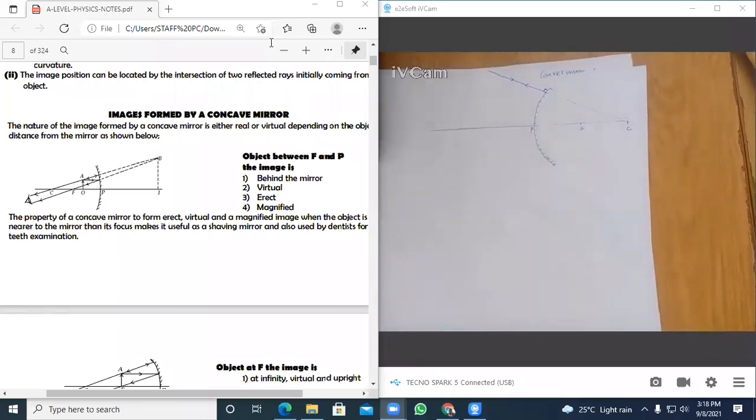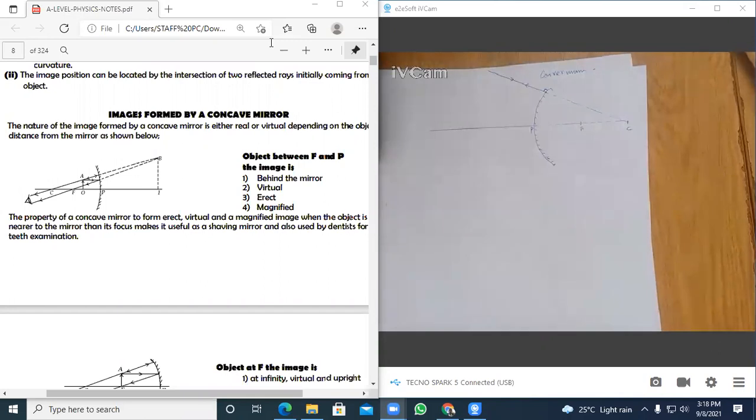In periscopes, what they use are reflecting mirrors, and those are plane mirrors. But concave mirrors are used by dentists, and we shall see why dentists use those concave mirrors.